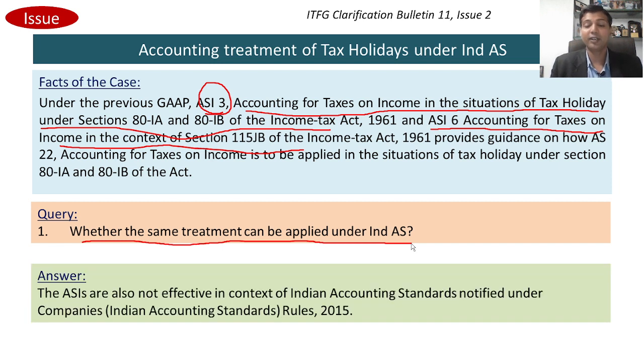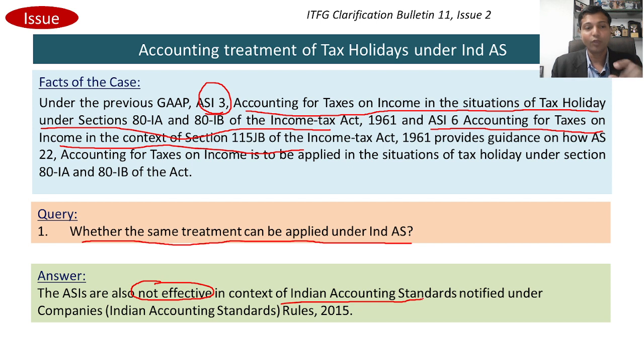First and very important thing is that ASIs are not effective in the context of Ind AS. When ASI 3 was there, if you look at AS-22, under paragraph 13, an explanation was added, and in that explanation ASI 3 content was added, and then AS was notified.